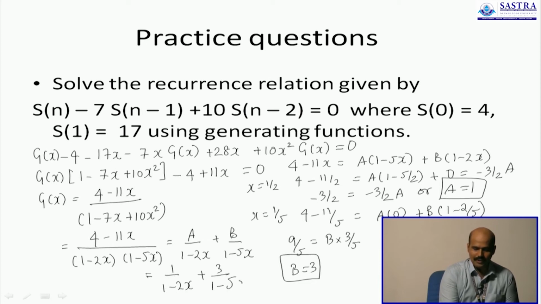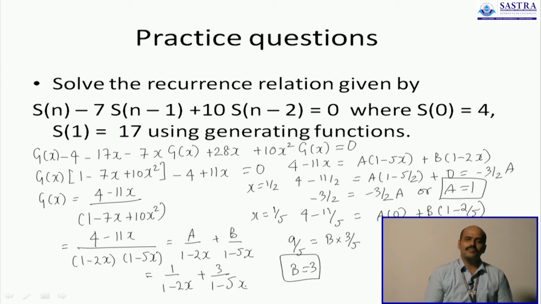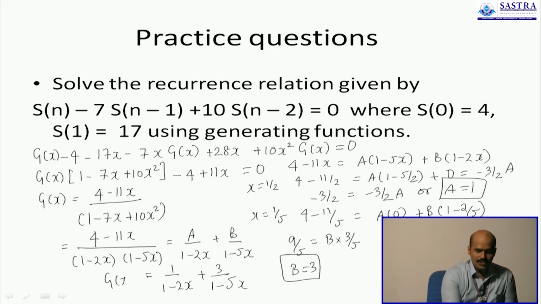3 upon 1 minus 5x, and that is enough for us to write the answer in terms of the power series or the generating function.